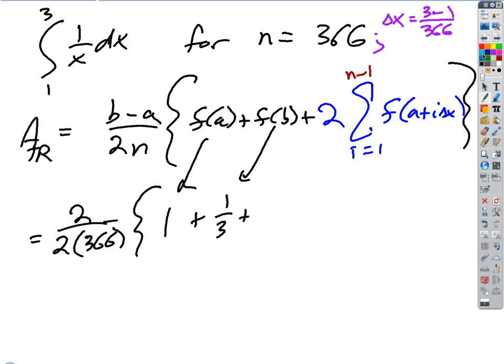Plus 2 times the sum. Okay, so A plus I delta x is just going to look like f of 1 plus I times, what did we say that was, 1/183rd? Does that make sense?